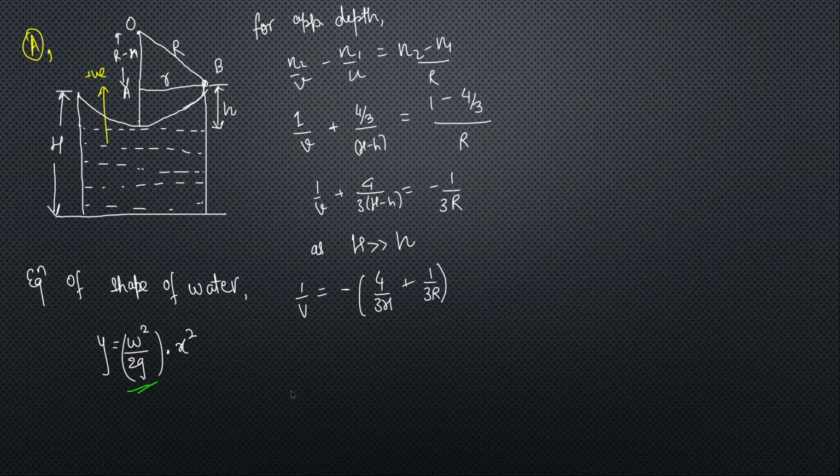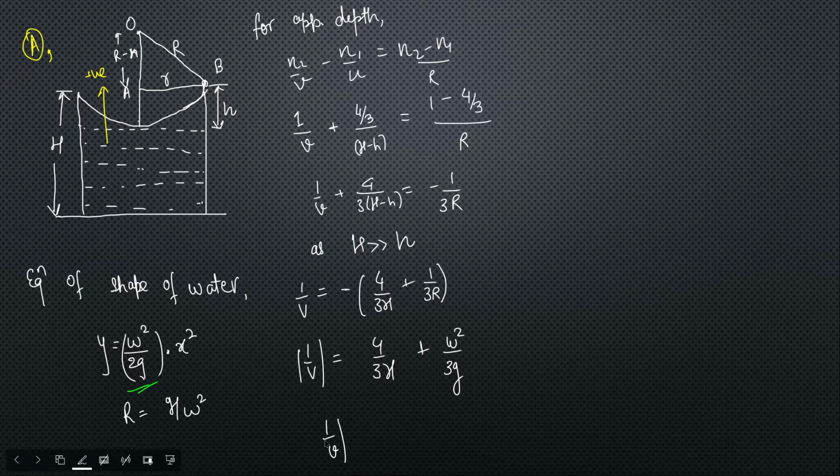And as you know, R must be g by omega square. So mod 1 by v is 4 by 3H plus omega square by 3g.